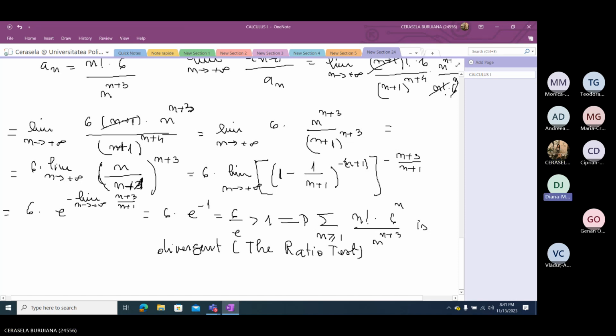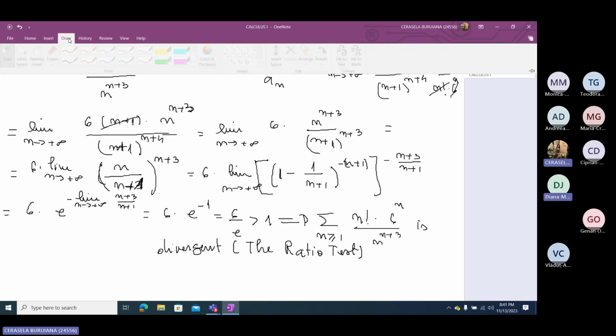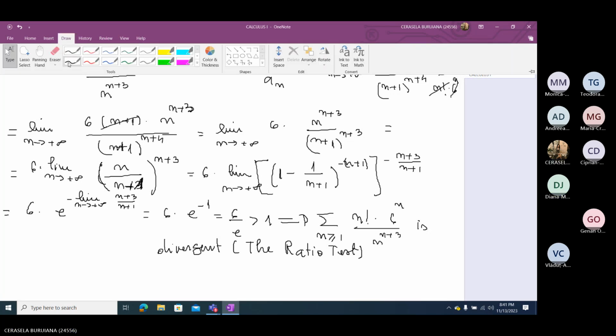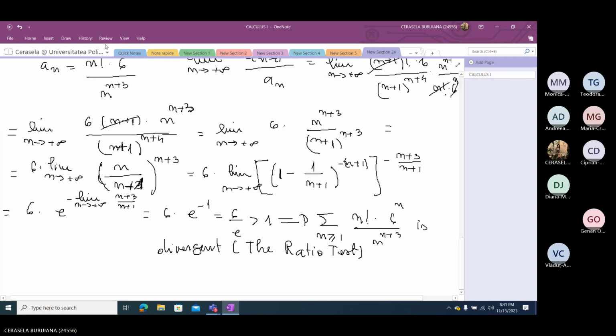I have a question. Please. Why did we simplify it by n plus 1 here? 6 and in parentheses n plus 1. Yeah. Okay. Let's look. You have here a denominator (n plus 1) power n plus 4.